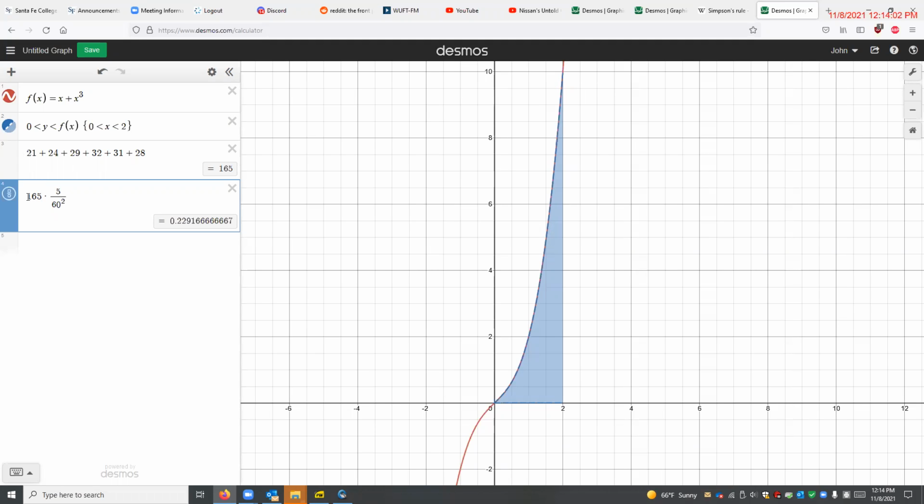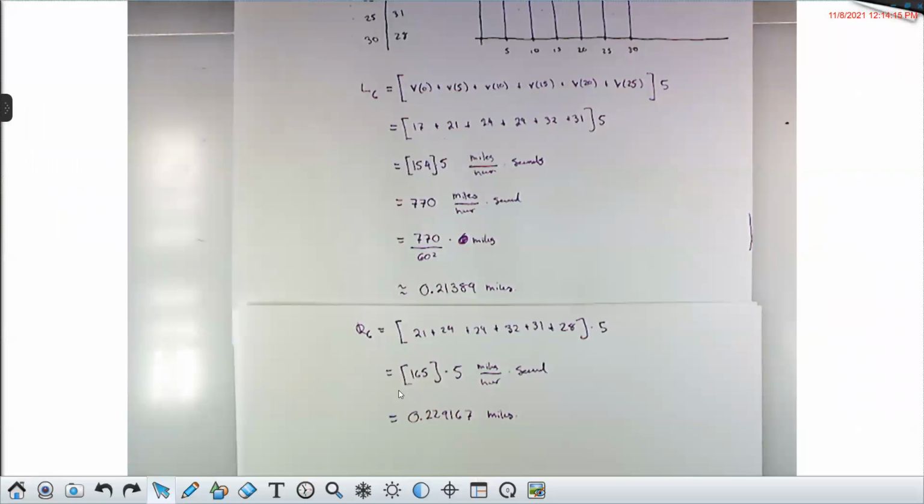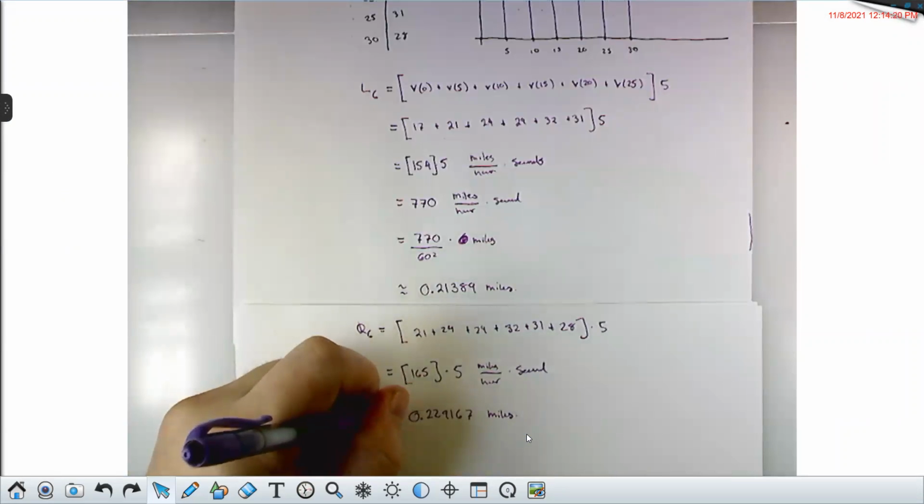And if we divide that by 60 squared, we get 0.229167 miles. So indeed, R6 is a little bigger. I guess I should change the equal sign here because I did round.